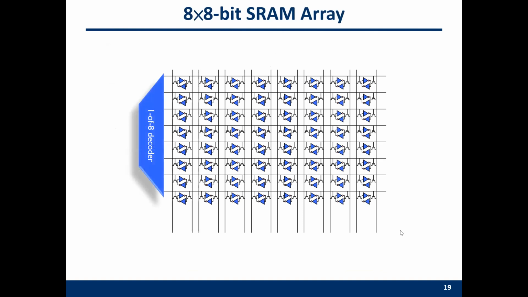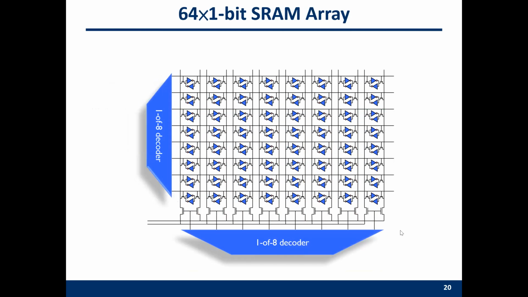So this is one example of the cache array. You will have a decoder to decode the address. You also have a column mux. The column mux only reads this part.